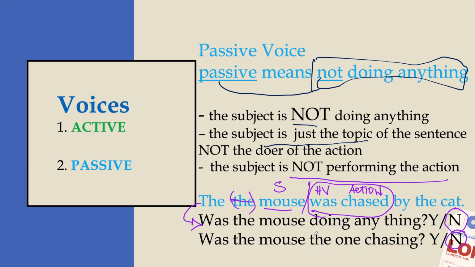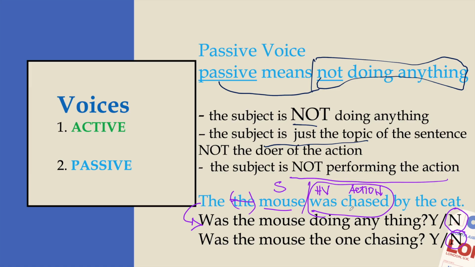No. The mouse was chased by the cat, but it is not the one doing the chasing. So in this sentence, the voice of the verb is passive because the subject, mouse, is not doing the action was chased.